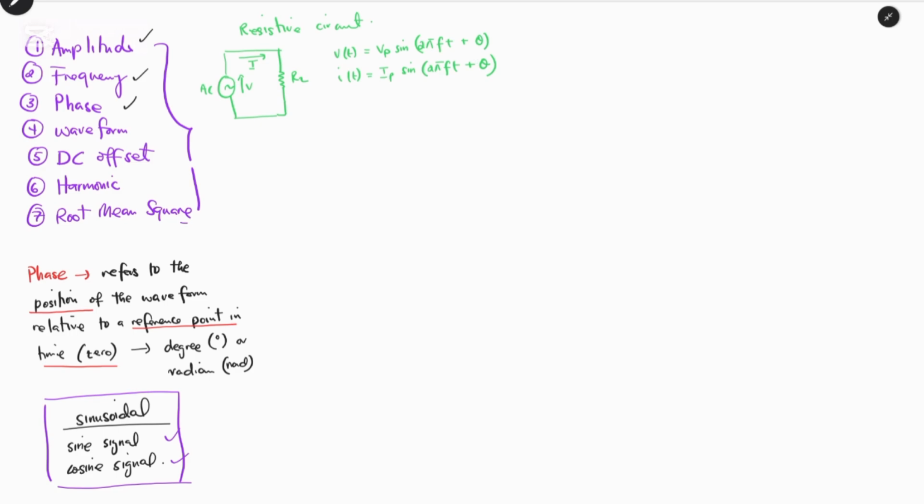In a resistive circuit, we can see that the voltage and the current are both in phase, because the resistor load in a circuit will decrease the current flow in a circuit.